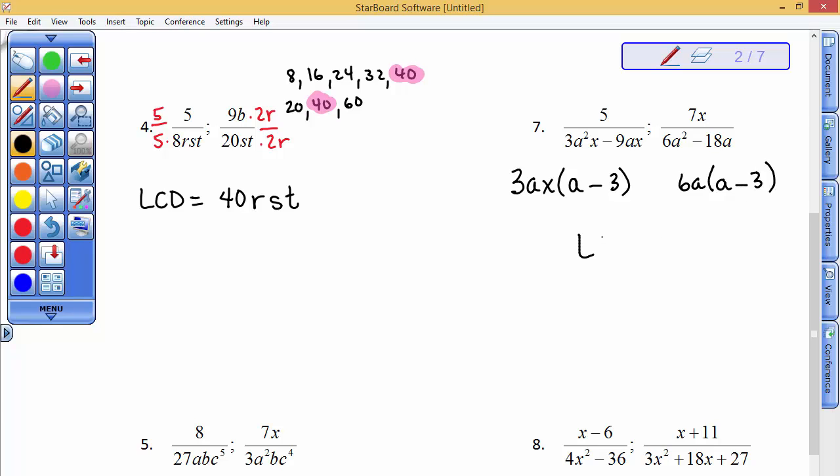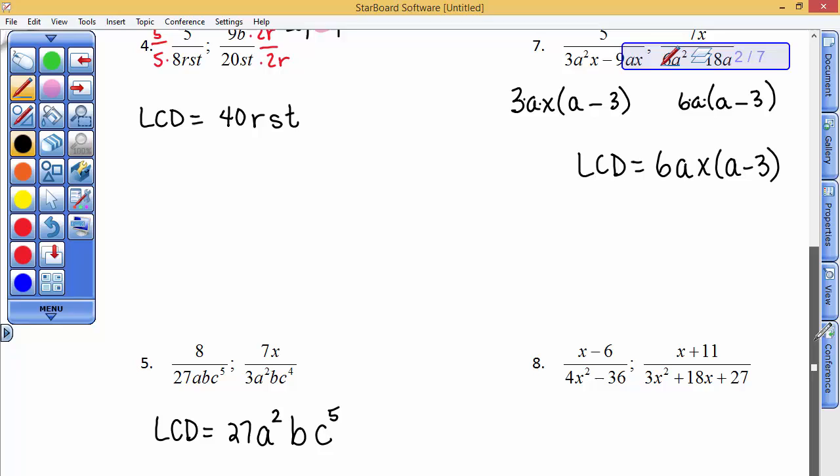So my least common denominator between a 3 and a 6 is a 6. I need a. This is just a factor of a. It's 6 times a times, there's dots between these. So I need an a. I need this x. And I need the a minus 3 once because it occurs once here and once here.